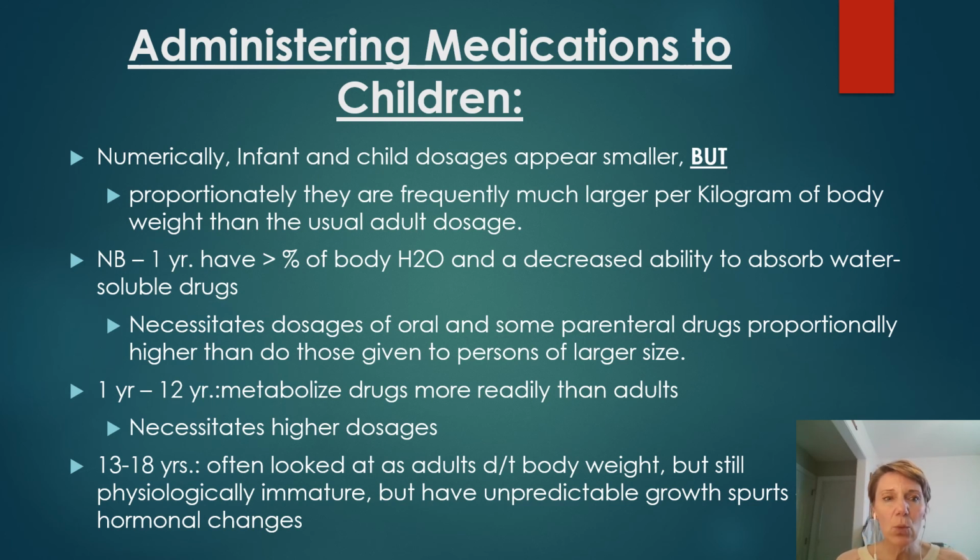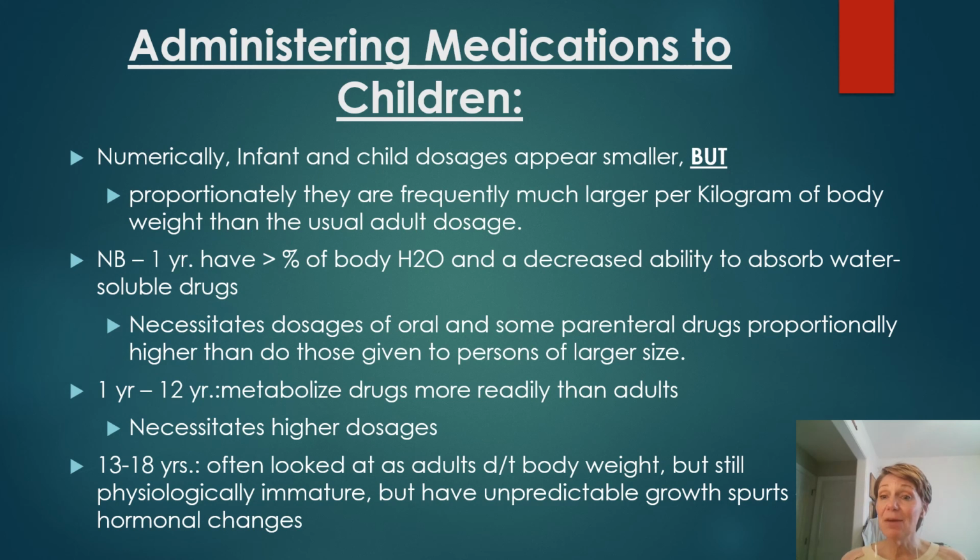When we get to about that 1 year to 12-year range, and if you look at packages of medications that are pediatric medications or adult medications that are approved, often that 12-year-old is that marker. So between 1 year and 12-year, when we begin to start to consider them more like an adolescent, they metabolize drugs much more readily and much more quickly than adults do.